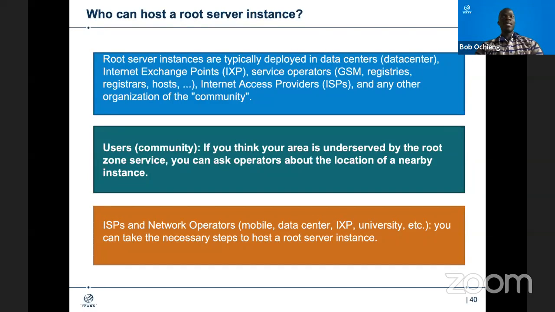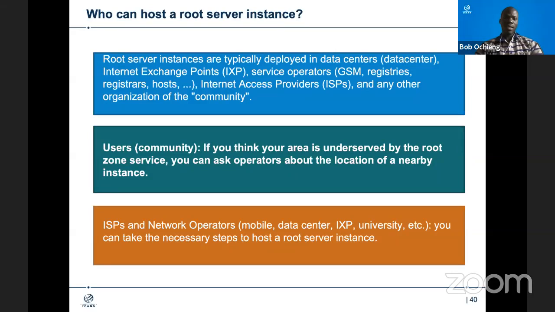Now, as has been indicated, most of the operators, or the 12 operators of the labels, have different structures or policies around their specific labels that they operate. So ICANN, as an operator of the ICANN managed root server, or the label L, has its own policies on how and on who and where that particular server instance can be hosted.